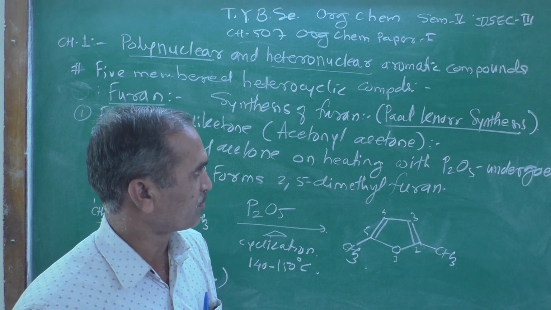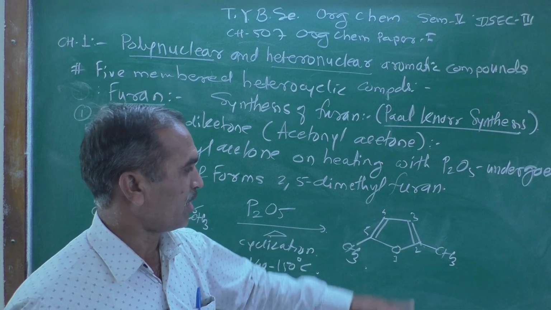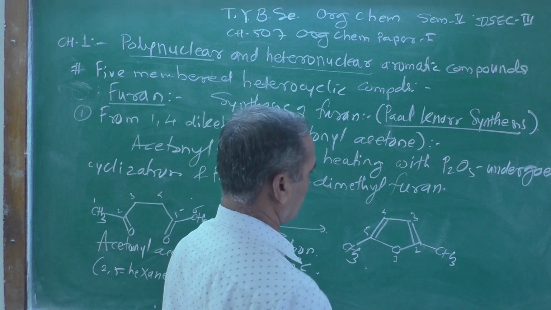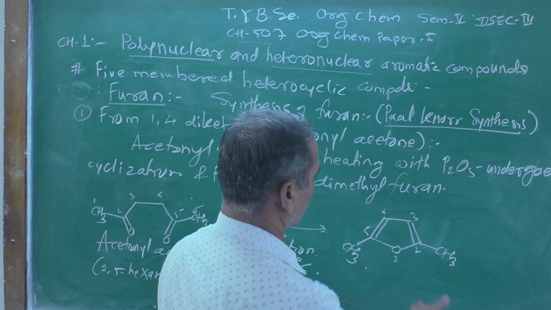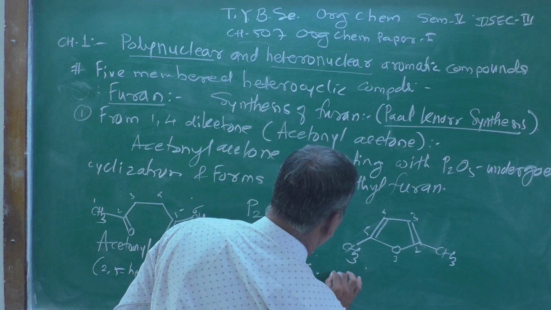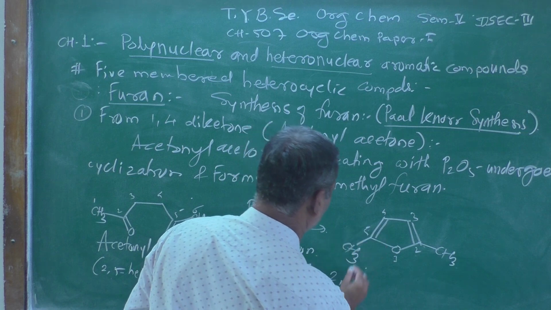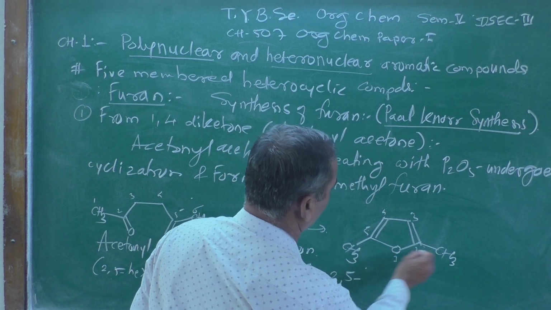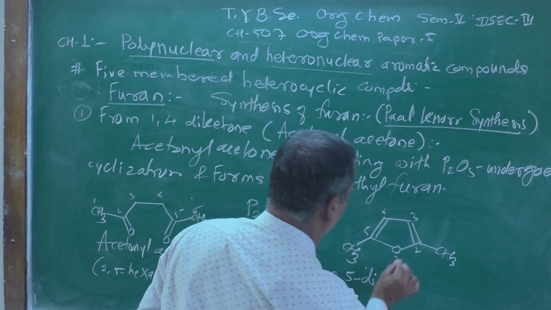The common name of this compound is furan, but the IUPAC name is 2,5-dimethylfuran, with a methyl group at the 2 position as well as the 5 position.